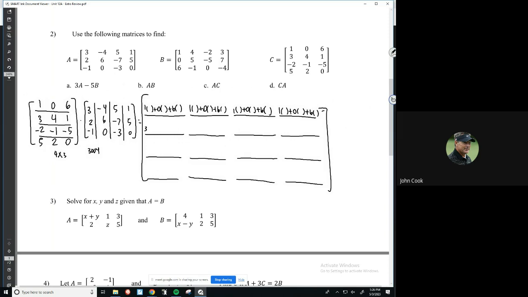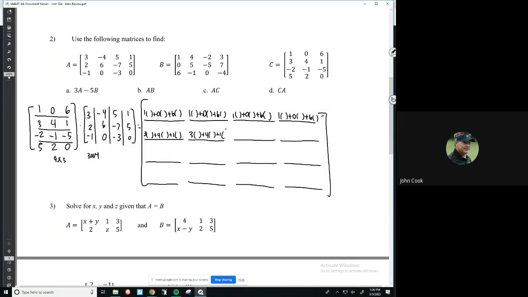Row 2, 3, 4, 1. All right, row 3, -2, -1, -5. Then row 3 is 5, 2, 0.